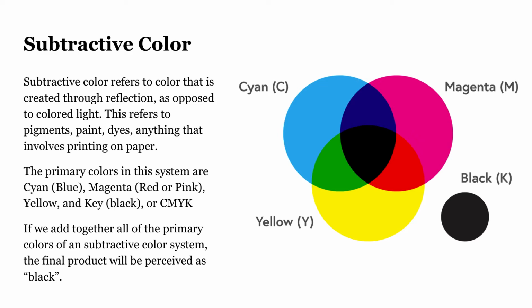It's taking light away. If we mix all of those colors together, which as you said, is CMYK, the C, M, and Y mixed together make black, which is K. If we add together all the primary colors in a subtractive color system, the final color will be perceived as black.